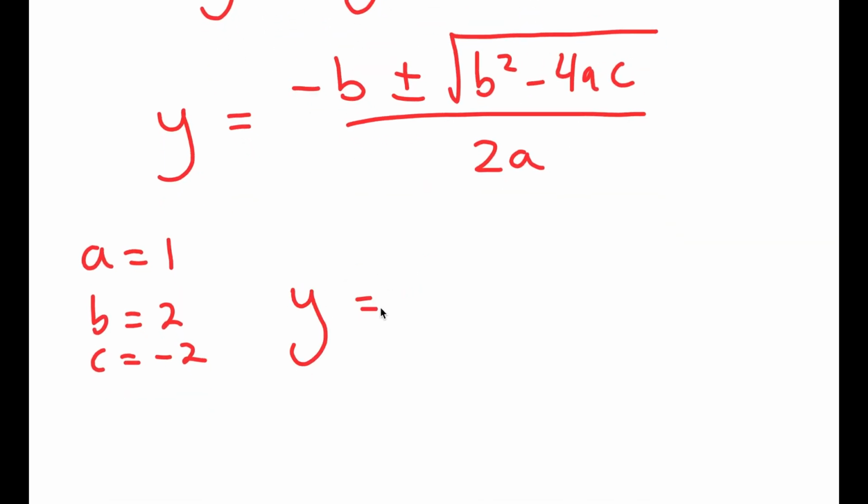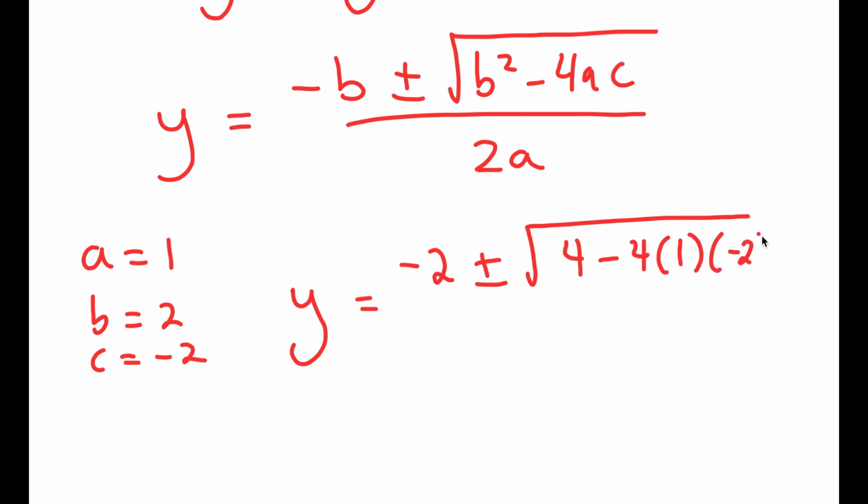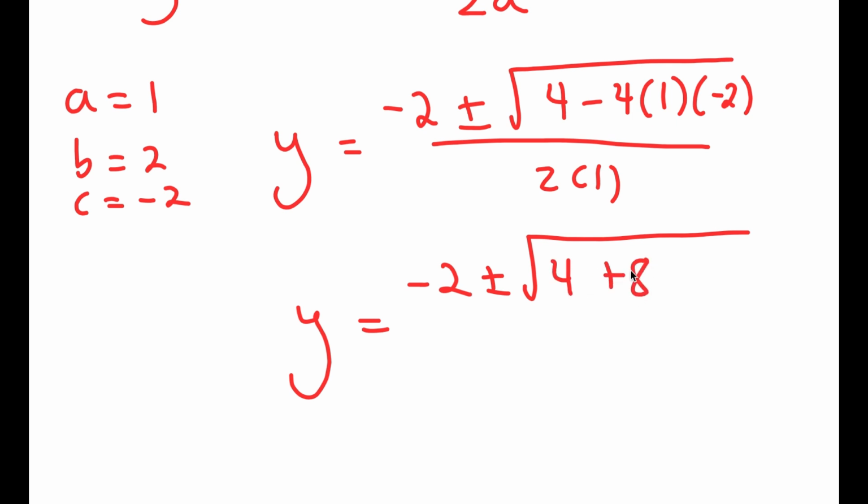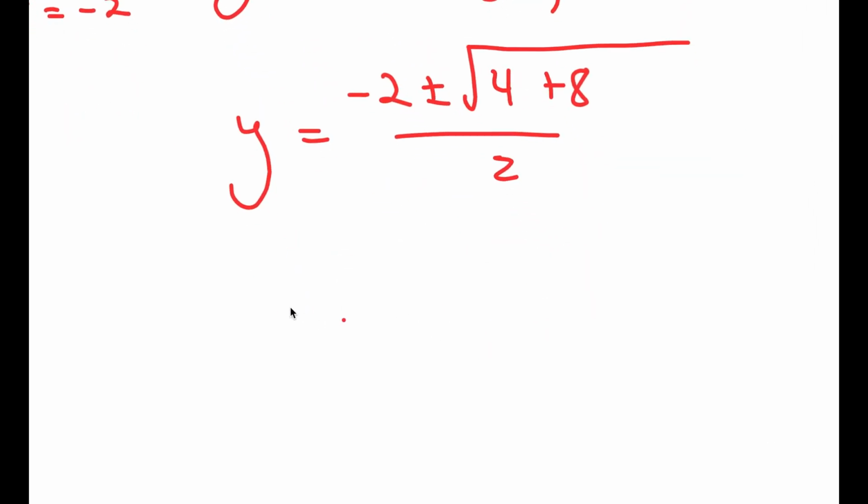So I get y equals negative 2 plus or minus the square root of 2 squared, which is 4, minus 4 times 1 times negative 2, all over 2a, so 2 times 1. And this turns to negative 2 plus or minus the square root of 4 plus 8 over 2, which is equal to negative 2 plus or minus the square root of 12 over 2.